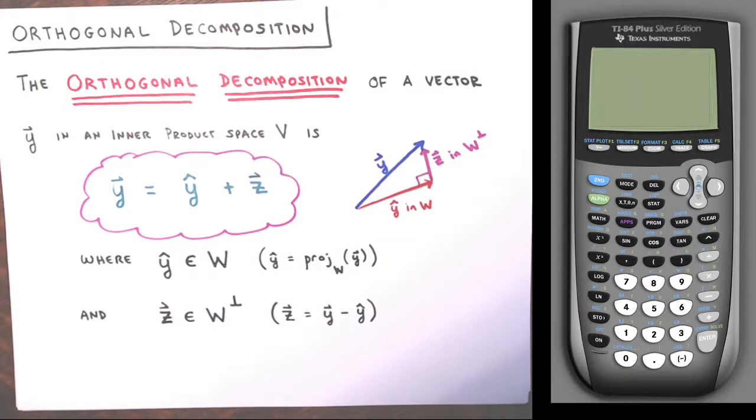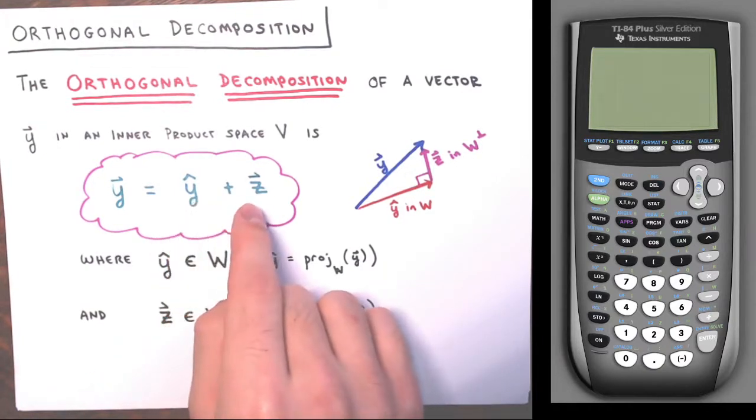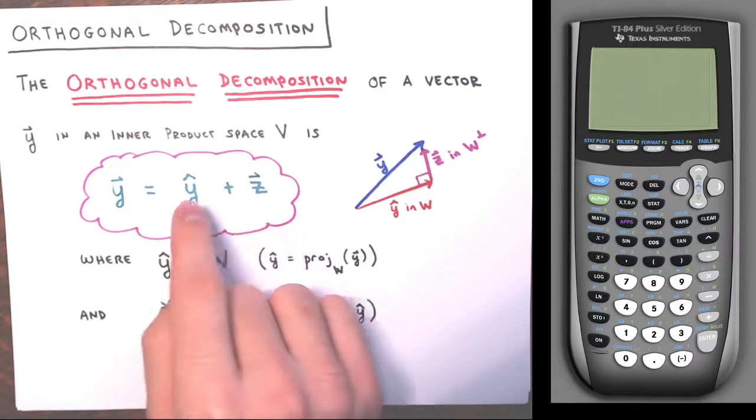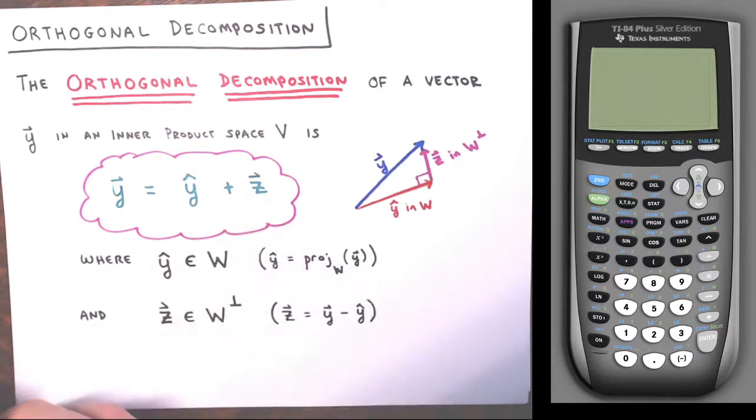And because an inner product space is a direct sum of a subspace and its orthogonal complement, the way that you write this will be unique. There won't be any other way to express y as a vector from W plus a vector from the orthogonal complement of W. Whatever decomposition you find will be the only way to do it.